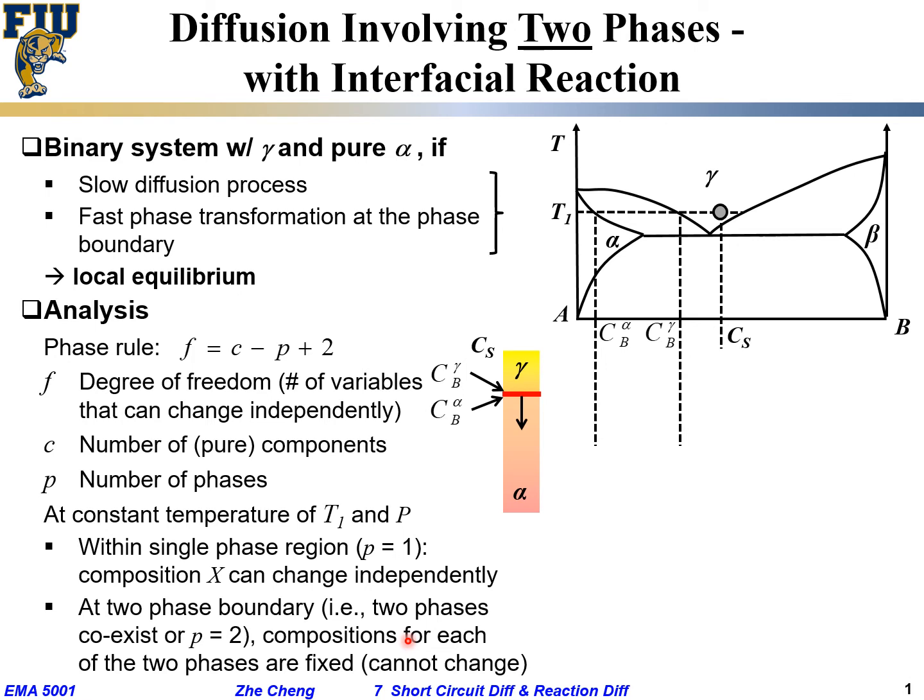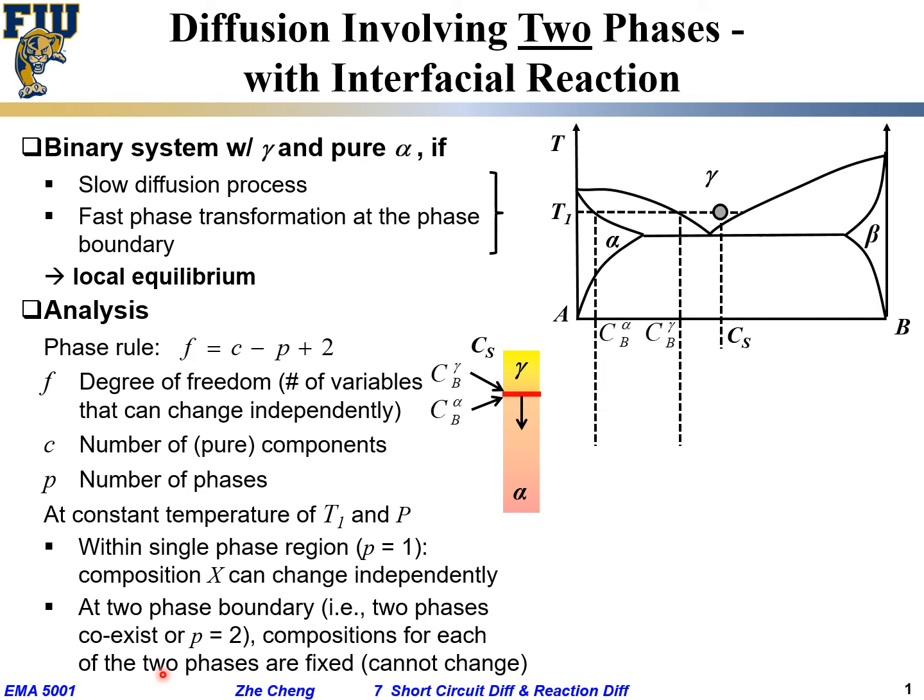At that local region, only here, very close to this local region, the remaining intensive parameter, composition or atom molar fraction, cannot change within each of the phases. Composition for each of the 2 phases cannot change. And what are those 2 phases?